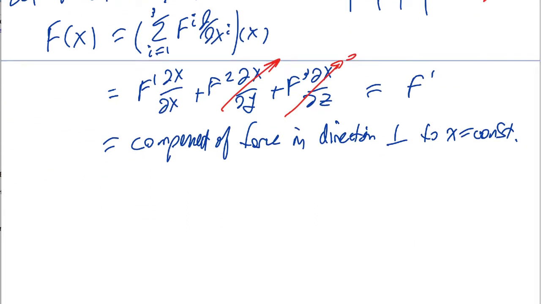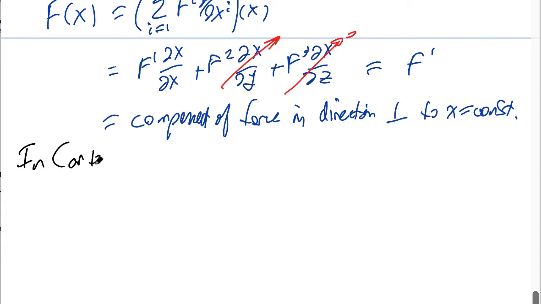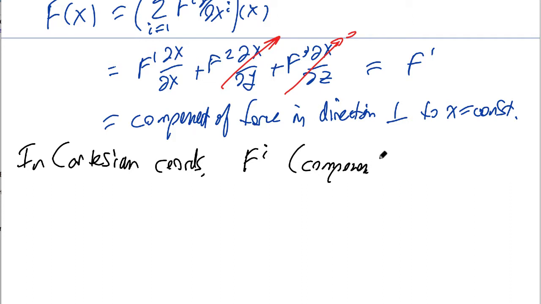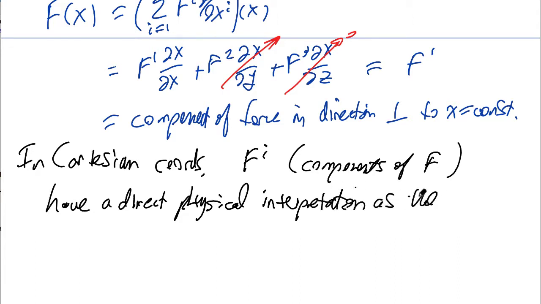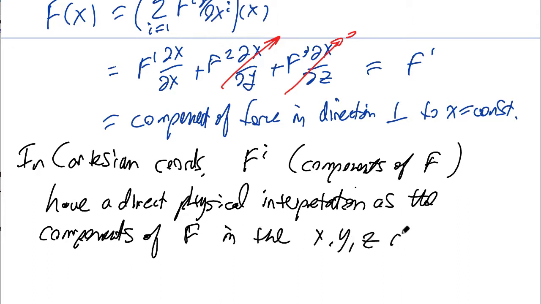So in Cartesian coordinates, the components f^i of the force vector, the force derivative operator, do have a direct physical interpretation as the components of the force in the x, y, and z directions.